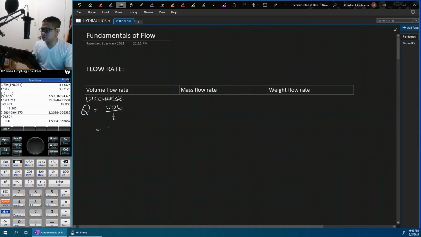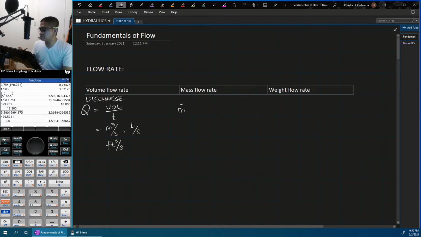So unit natin dito, common is cubic meter per second or liter per second kapag mas maliit lang yung volume flow rate, or can also be cubic foot per second. Okay? While yung mass flow rate, iba-iba naman ang symbol na ginagamit dito. Para mas common kasi nakikita ko yung M with a dot.